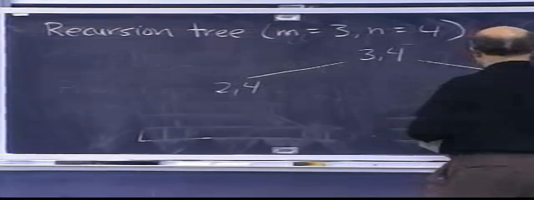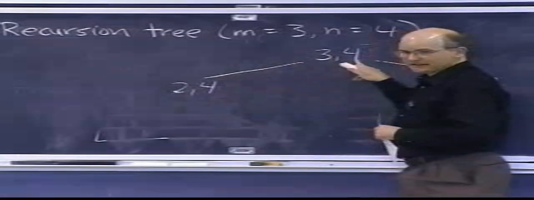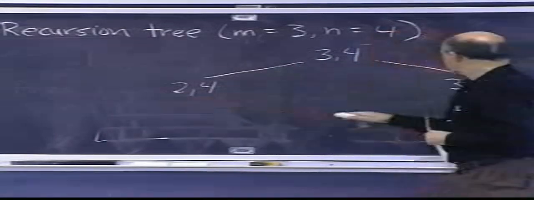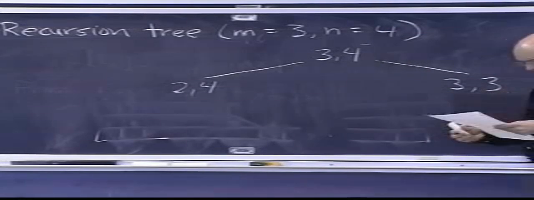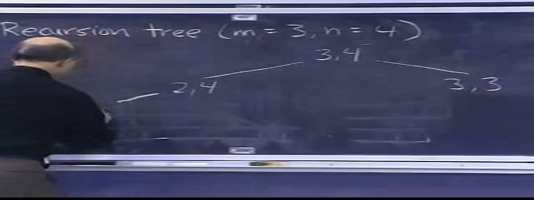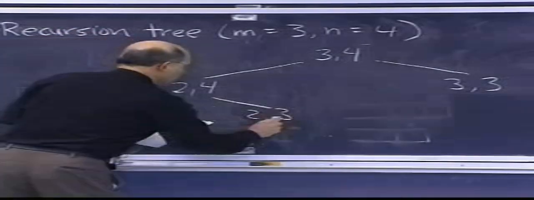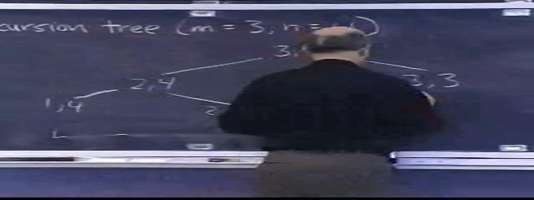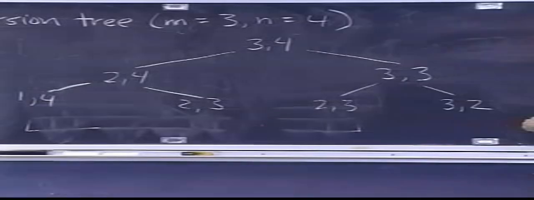So basically subtracting 1 from this index, since this is i and j, and subtracting 1 over here. Now I expand again.